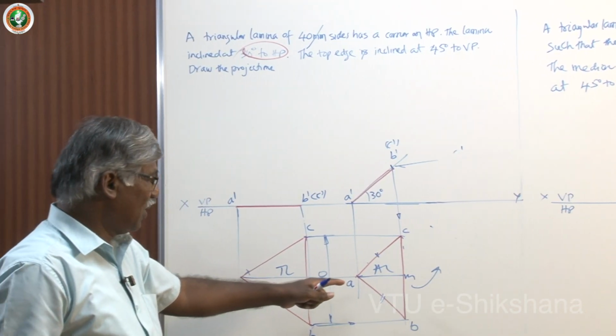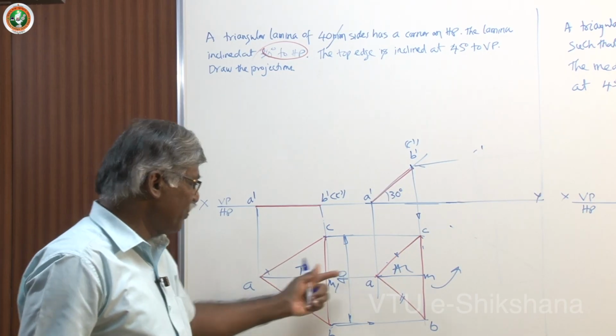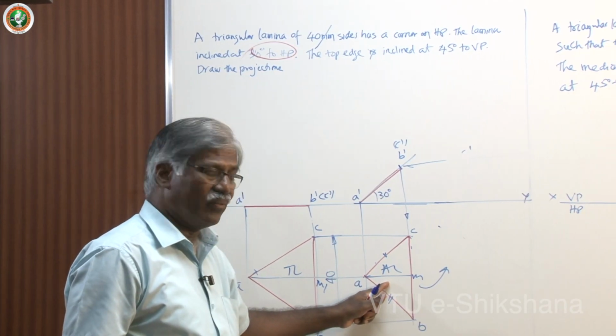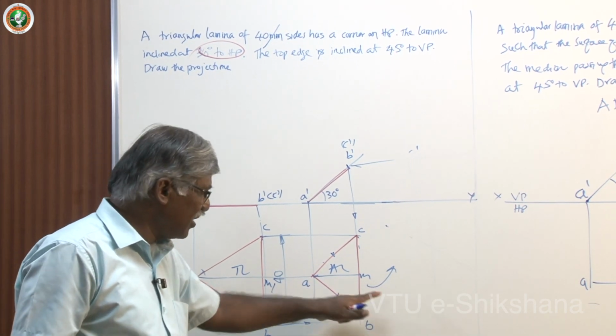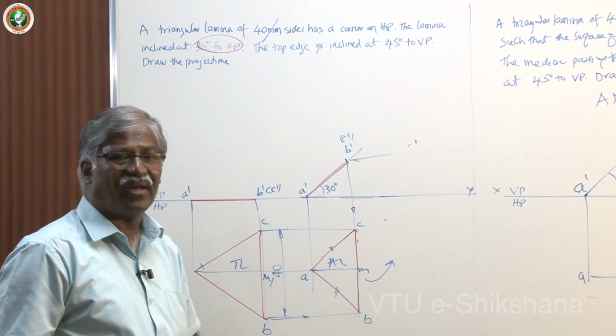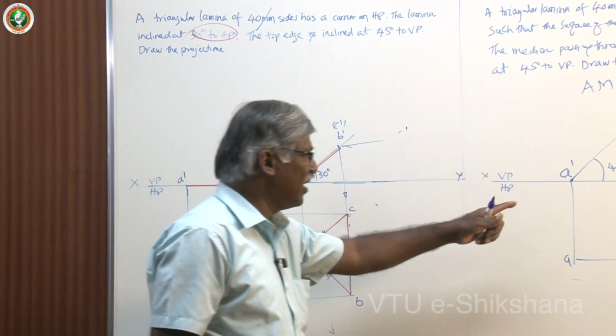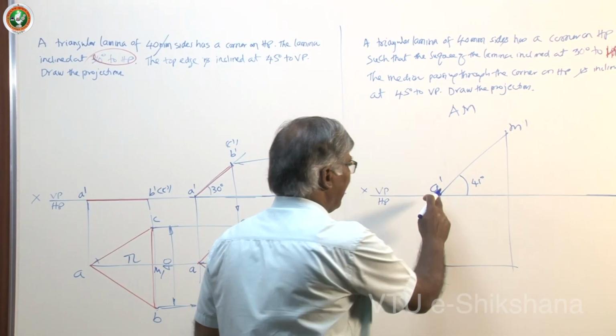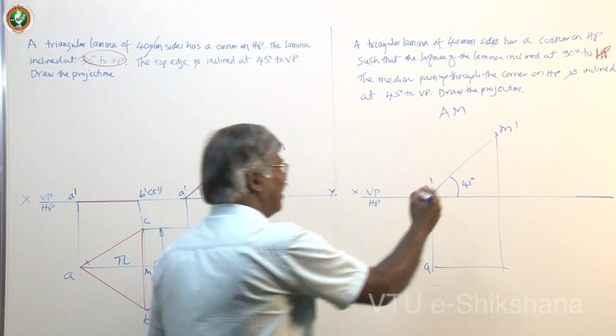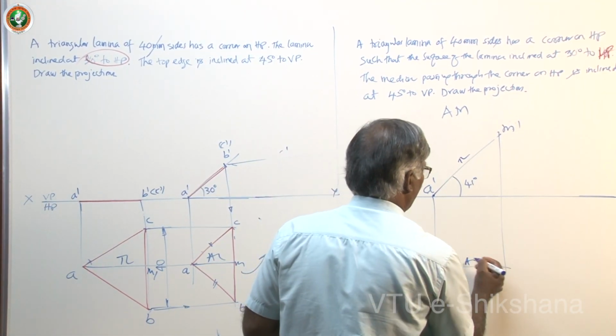Now, this true length has become apparent length in the second figure top view. I have to give inclination to this. If you give inclination to this, you must keep it on apparent inclination. How to find? So, as per the straight line concept, this is how we have to do it. AM is the true length and corresponding apparent length we have.